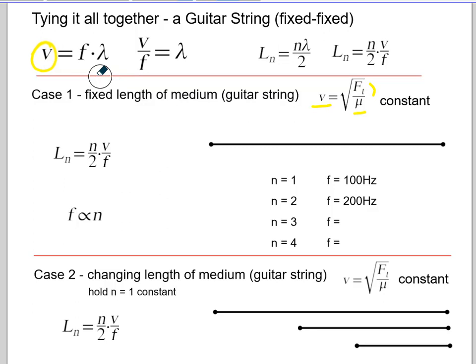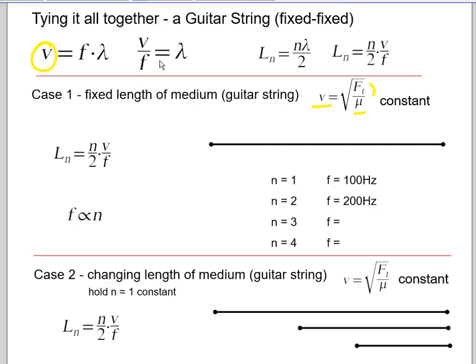If your frequency went down, then your wavelength has to go up. Those two will balance off each other, but the velocity will have to stay the same within that medium. Okay, so if you take a look at the expression, I've got my fixed expression here. Instead of lambda, I've put in velocity over frequency.